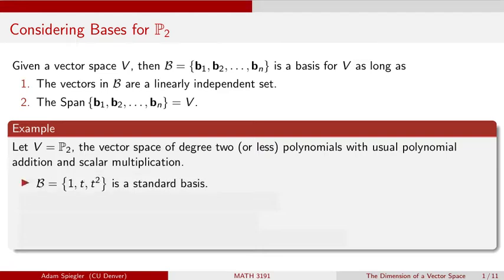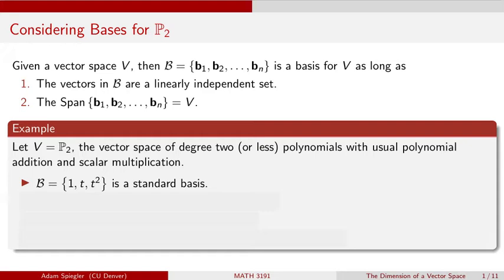For this vector space, we've seen that a standard basis would consist of the polynomials 1, t, and t squared. So by taking linear combinations of these three vectors, we can construct any polynomial that has degree at most 2. So this basis consists of 3 elements.